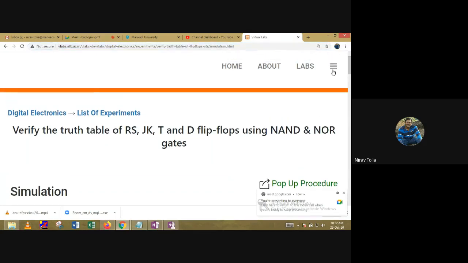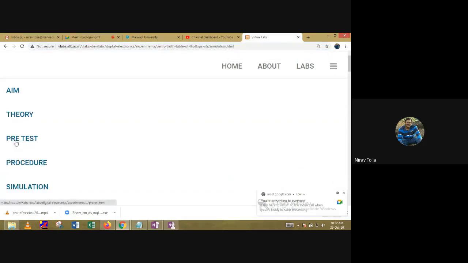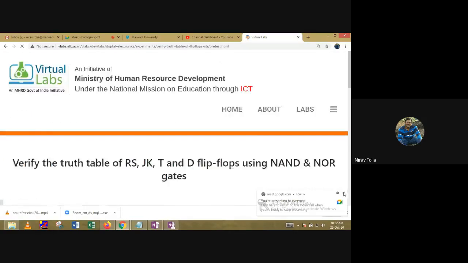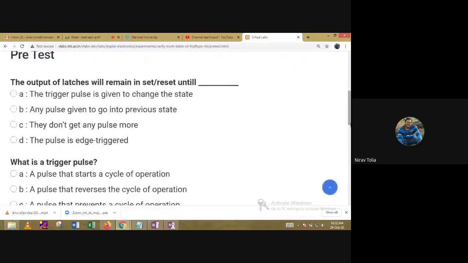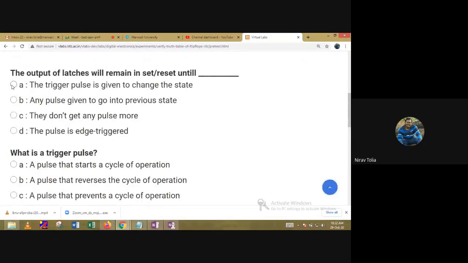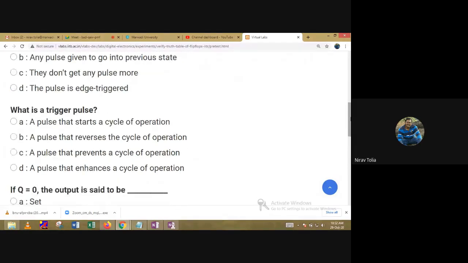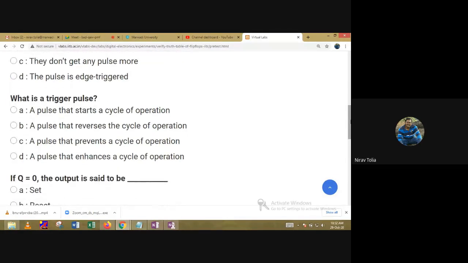Okay, so let me finish the pre-test for your knowledge. Generally, I got two answers for question one, from Miloni and Henil, which is A. So let me tick mark the A. The second question: what is the trigger pulse?